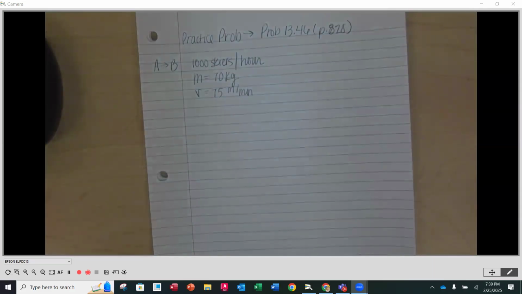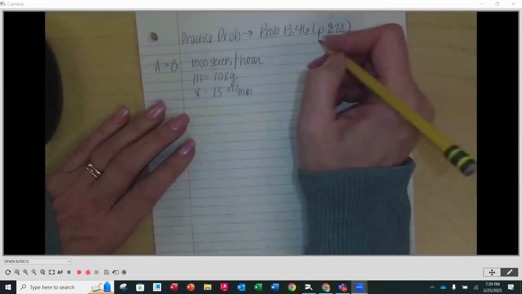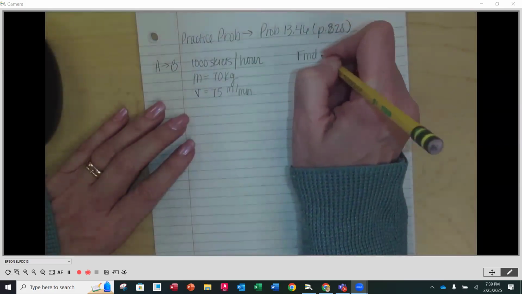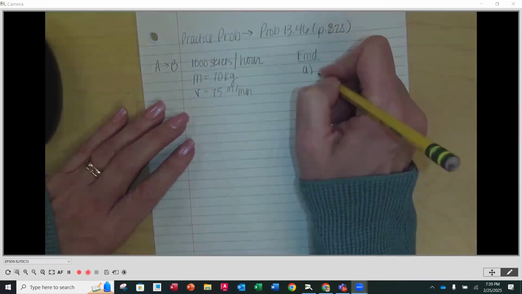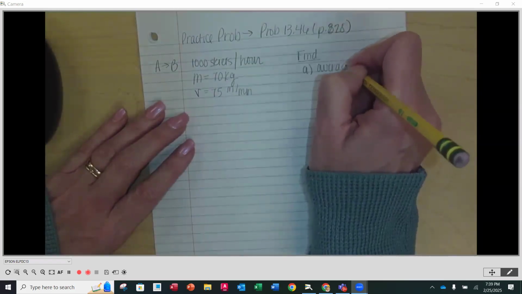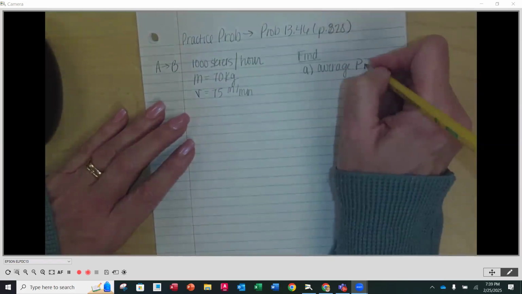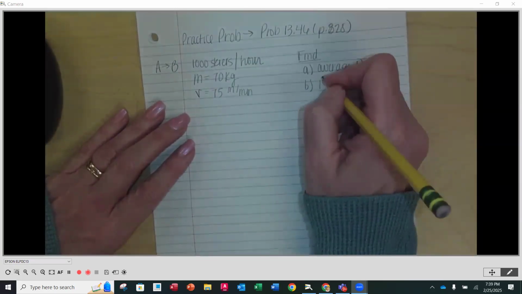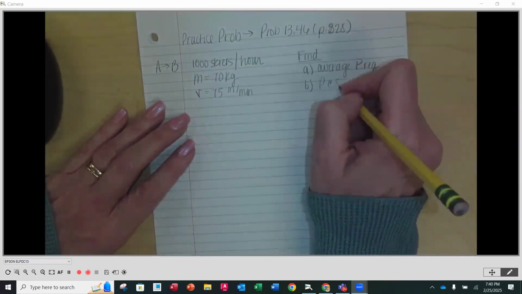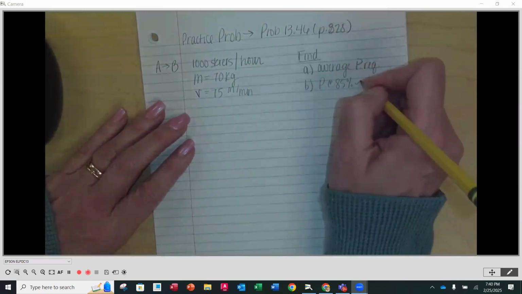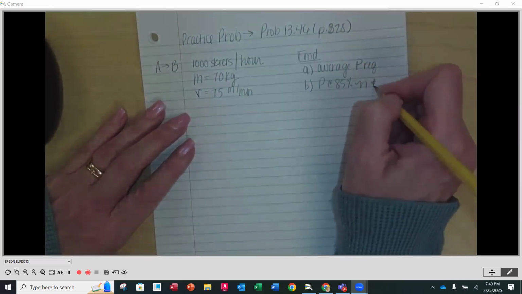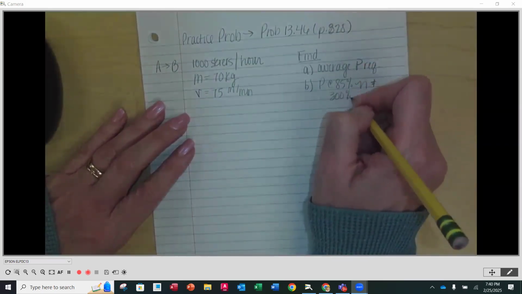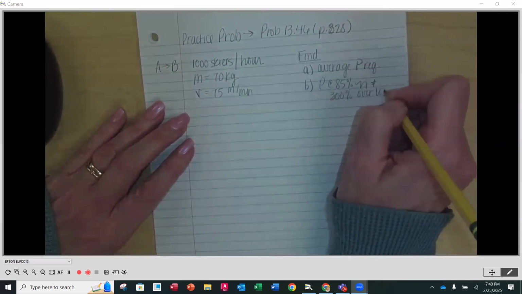So not important. But we're going to find A, the average power required. Okay. And then B, the power at 85% efficiency and 300% overload.